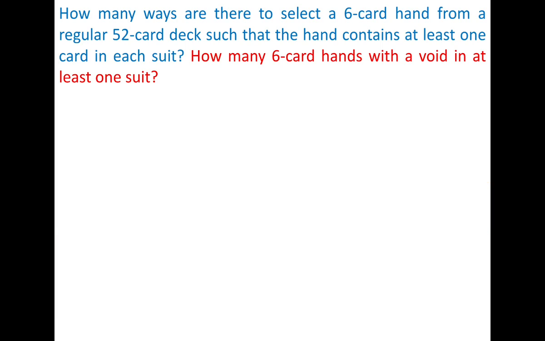So let's see some exercises. The first one says: how many ways are there to select a 6 card hand from a regular 52 card deck such that the hand contains at least one card in each suit. To apply the inclusion exclusion principle, first see that you are looking for n of a1 bar, a2 bar, ..., an bar.